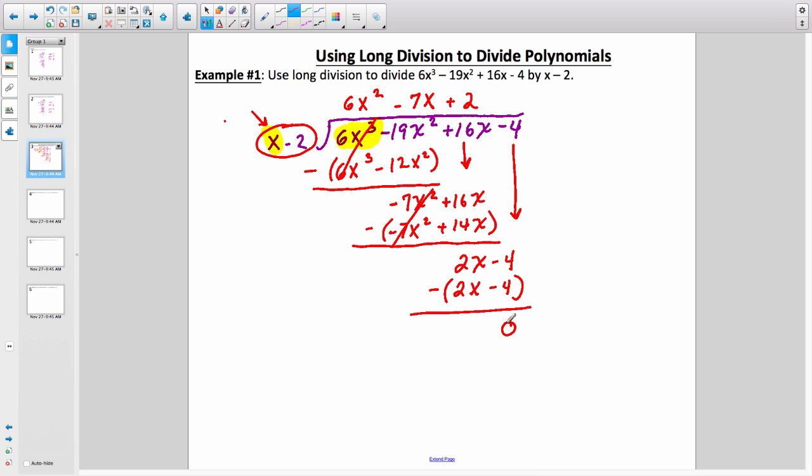So what is our answer? 6x squared minus 7x plus 2, remainder 0. Or, because this is going to help later, so don't cop out right now, stay with me, 6x squared minus 7x plus 2 plus 0 over x minus 2.